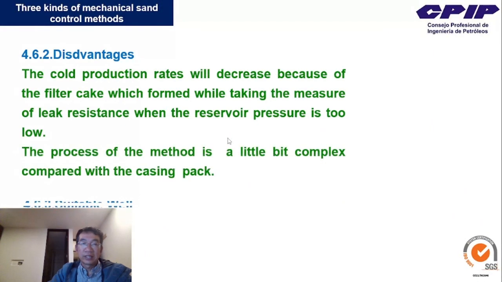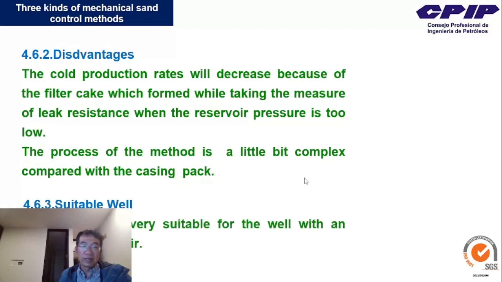The disadvantage: the production rate will decrease because of the filter cake formed when taking the measure of leak resistance when the reservoir pressure is too low. The process of the method is a little bit complex compared with the casing pack. The suitable wells: the measure is very suitable for wells with an individual reservoir.